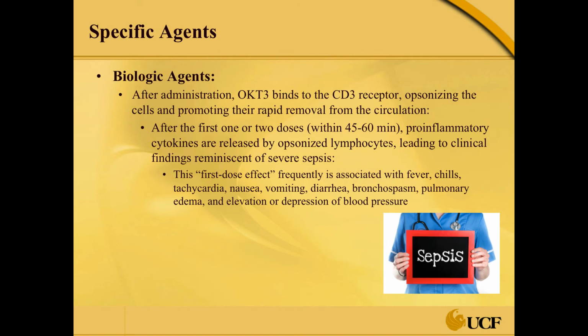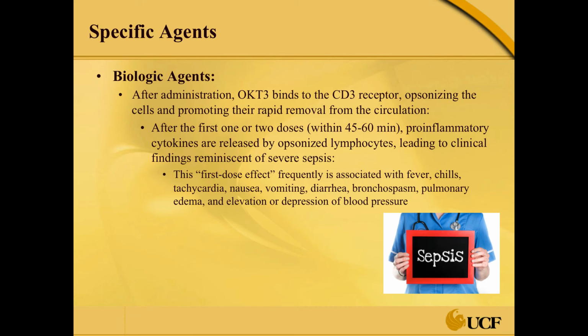After administration, OKT3, which we don't really use anymore, binds to the CD3 receptor, opsonizing the cells and promoting their rapid removal from the circulation. After the first 1 or 2 doses, within about an hour, pro-inflammatory cytokines are released by opsonized lymphocytes, leading to clinical findings reminiscent of severe sepsis.